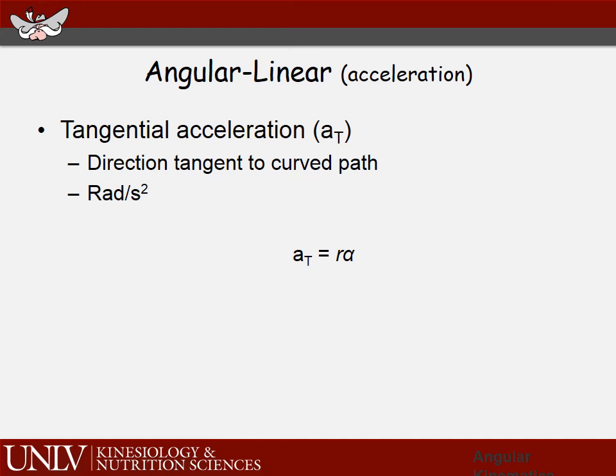It's the same as the direction tangent to the curved path, but again in radians. So here it's AT equals r times the angular acceleration. So tangential velocity and tangential acceleration are very easy. They're the radius times the angular component of whatever it is. So whether it's angular velocity or angular acceleration, that's the tangential.